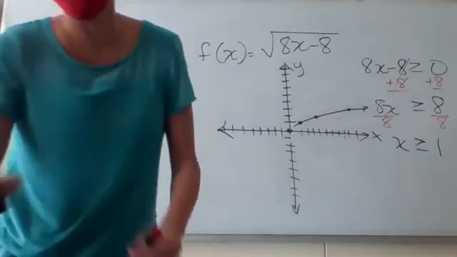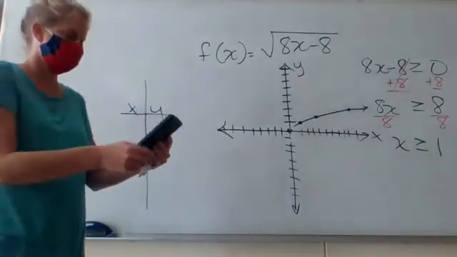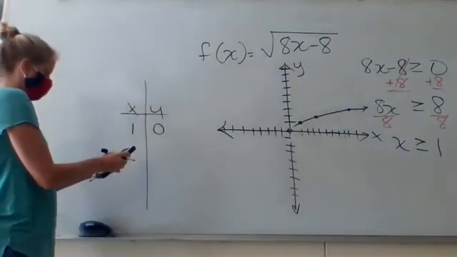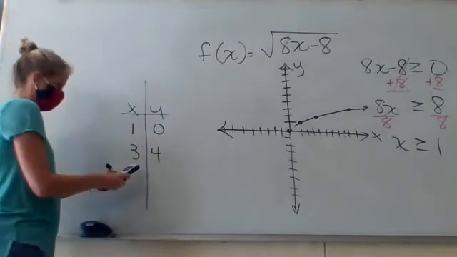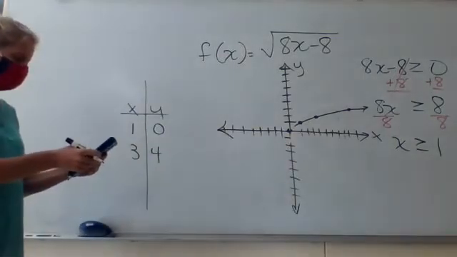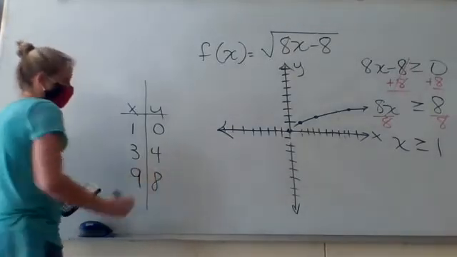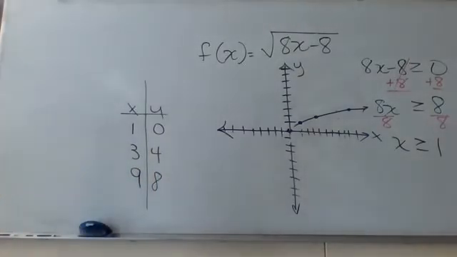Let's do a table and get some points. 1, 0 is my first point. 3, 4 is my next good point, right? I'm trying to just avoid all those decimals. 9, 8 is another point.